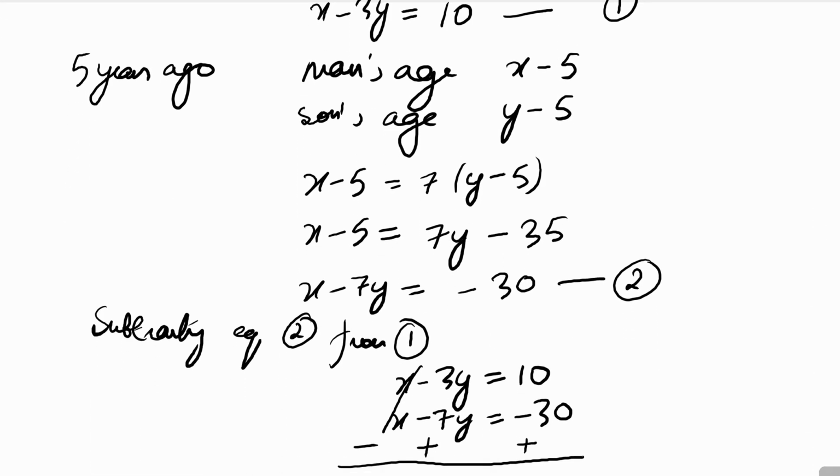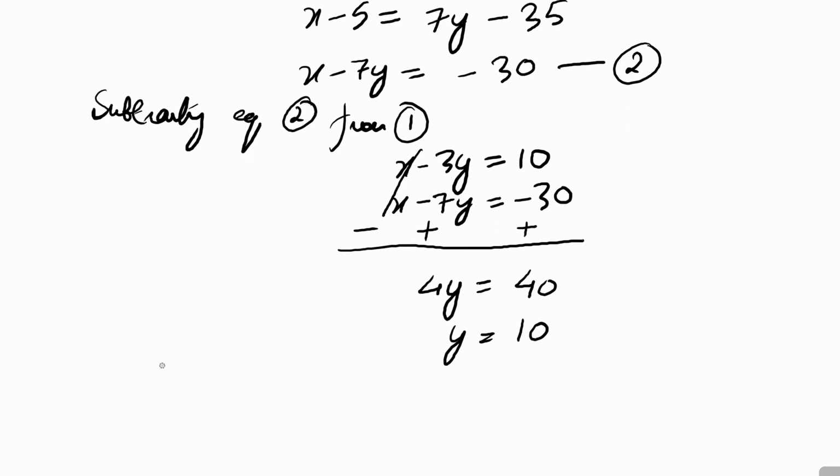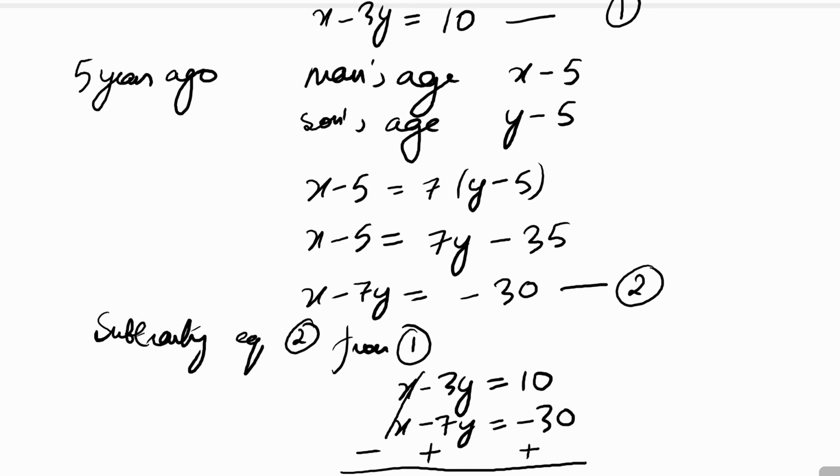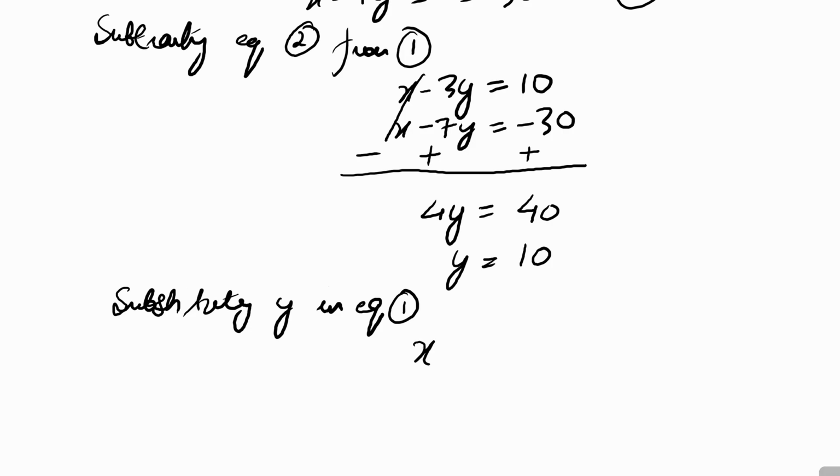And then we will substitute this in equation 1. Substituting y in equation 1. What is equation 1? x minus 3y is equal to 10. So what can we say? x minus 30 is equal to 10.